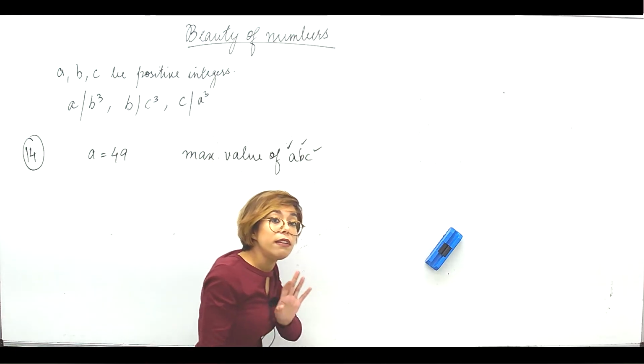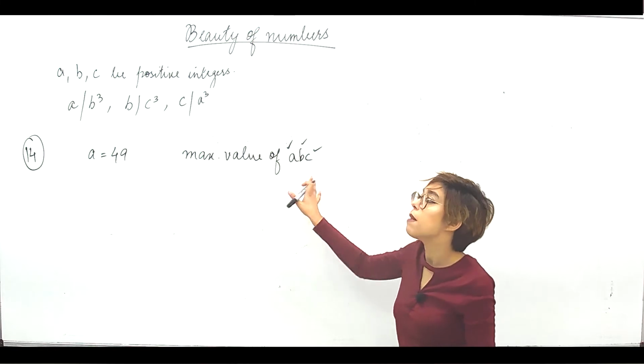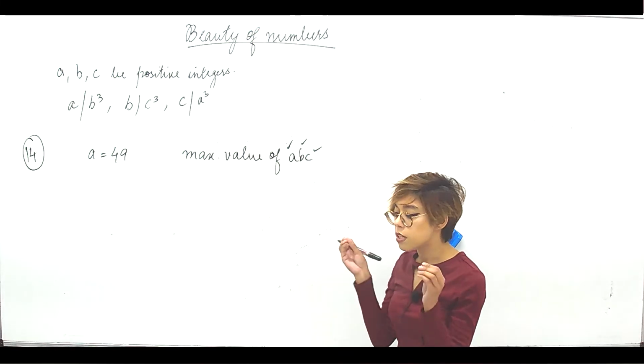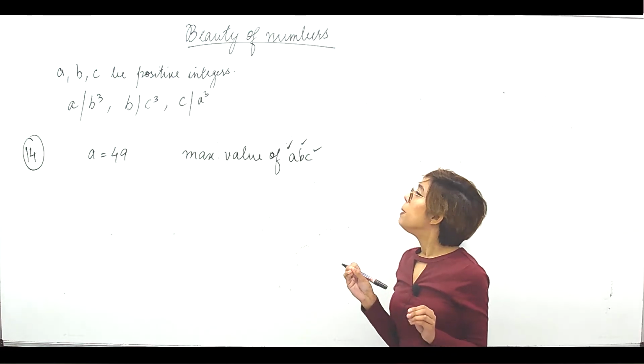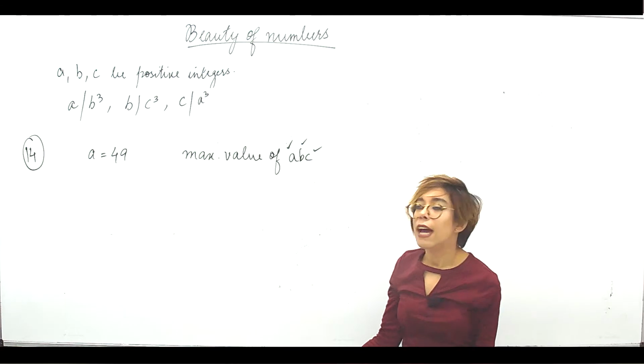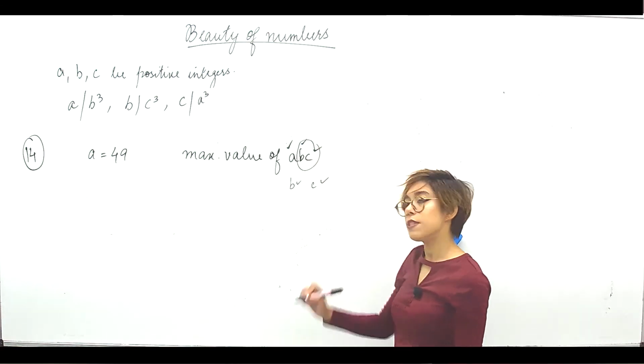When all three are maximum, I can say I have achieved the maximum value of ABC. So I am interested in the maximum value of B and C, because the value of A is already given.